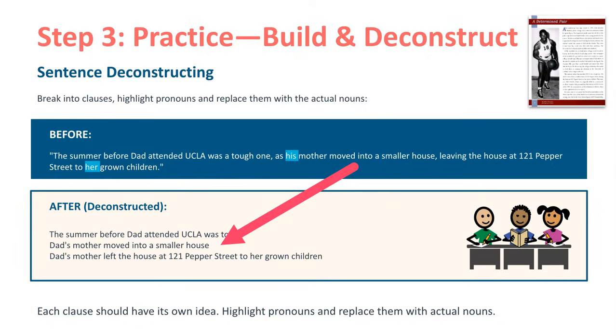Second, Dad's mother moved into a smaller house. We replaced "his" with "Dad's." Third, Dad's mother left the house at 121 Pepper Street to her grown children. We replaced "her" with "Dad's mother." When we highlight pronouns and replace them with actual nouns, students track who is doing what.